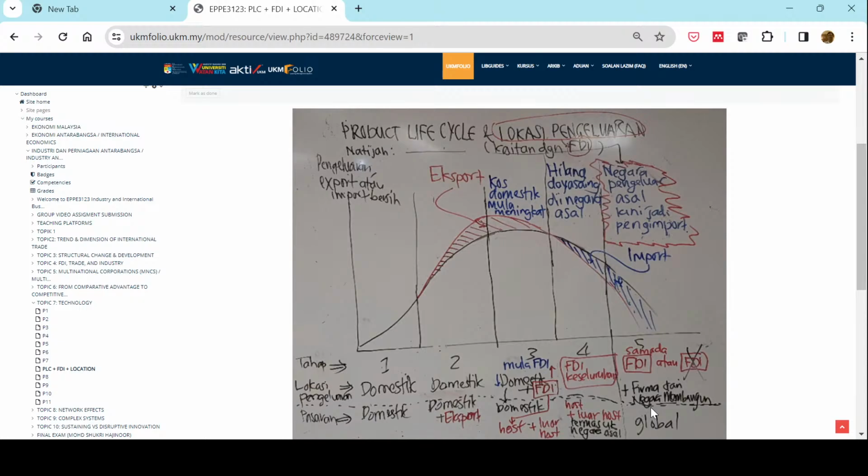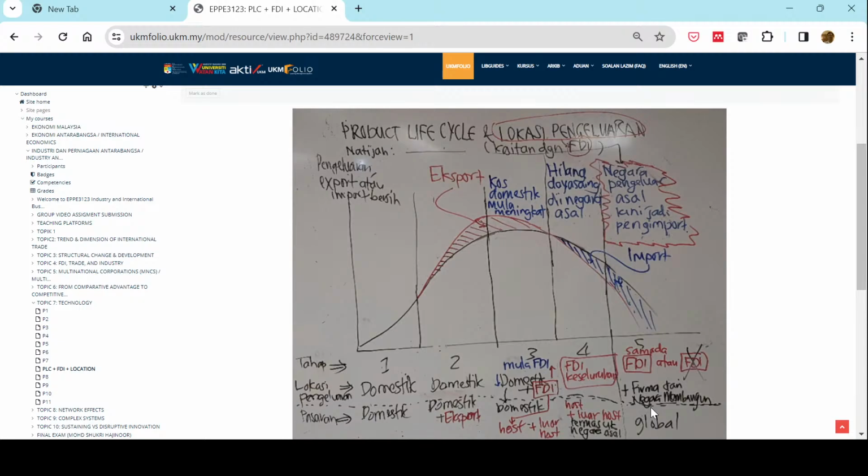Next is stage 3. The profits per unit drop sharply as output approaches saturation. Saturation is where the product or industry follows the life cycle from low to high volume.